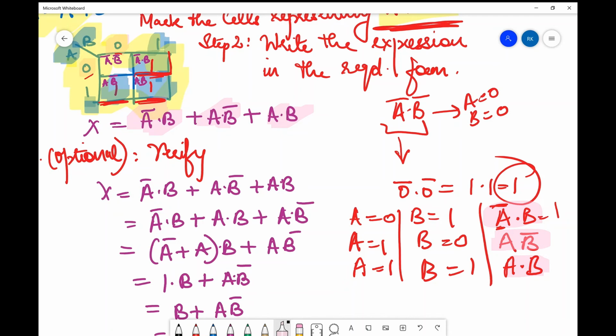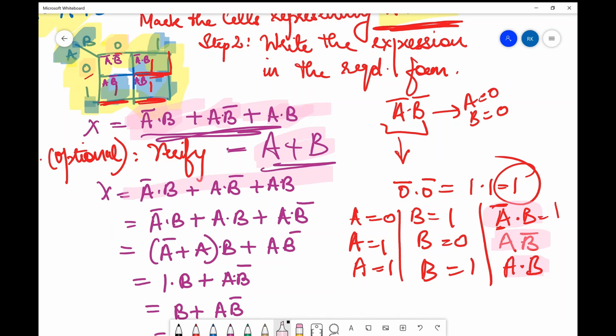The equivalent logical expression is A plus B. So to verify, this entire thing should come equal to A plus B. That is our goal. So I've also done this verification step. We write this expression as is, then we find ways of reducing it so that it becomes equal to this.